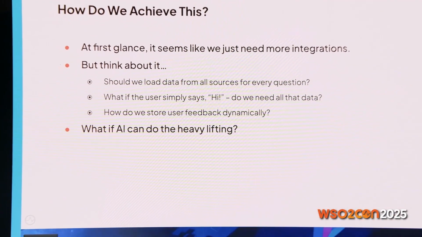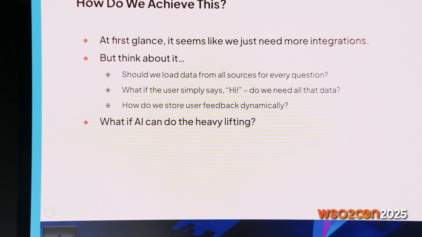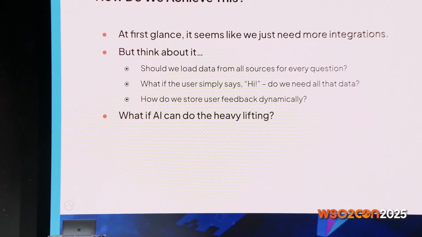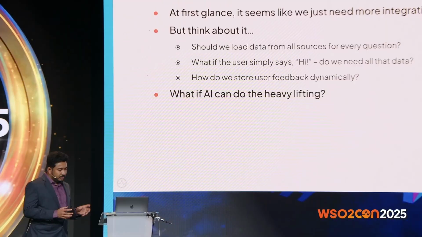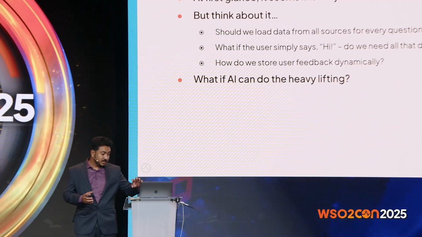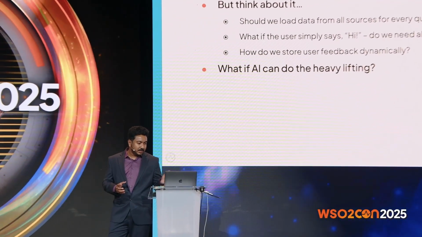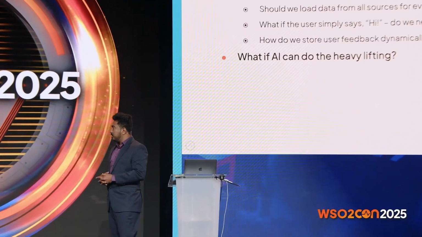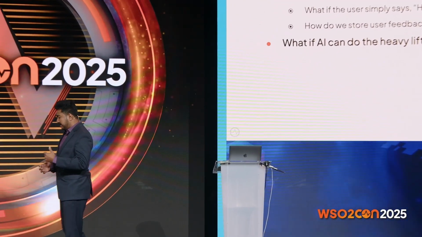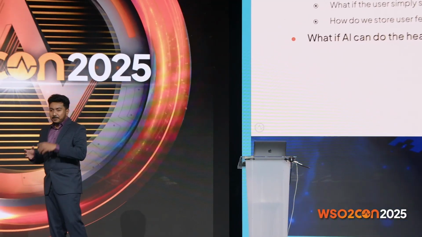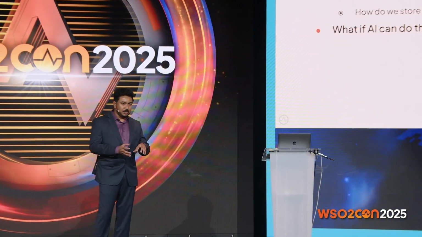Yeah, so as I was saying, at first glance, it seems like we need a bunch of integrations. But there are different considerations that we have to make. One is, should we load all the data from all the sources and then, I think the better word is dump it to the prompt?